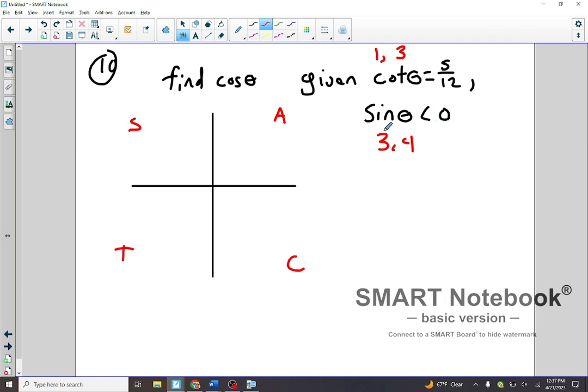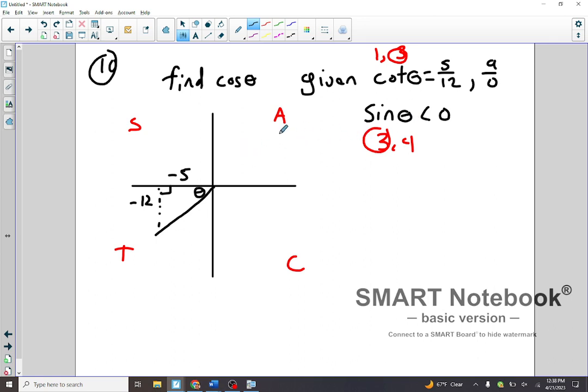Quadrant 3. So we know our angle is over here. Good job. Now, in this case, cotangent, here's the theta over here. Tangent is opposite over adjacent. So cotangent is adjacent over opposite. So this must be a negative 5, and this must be a negative 12. Wait, but sine is less than 0. So it has to be, sine would be negative.